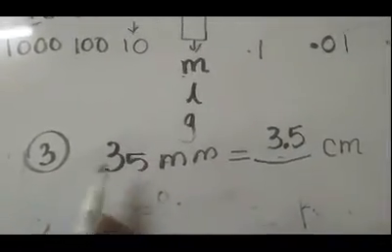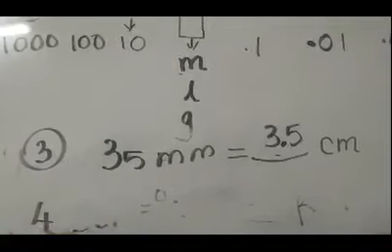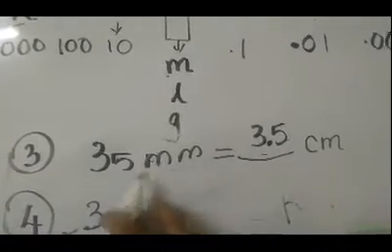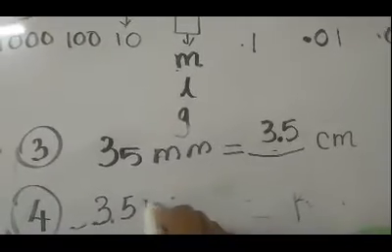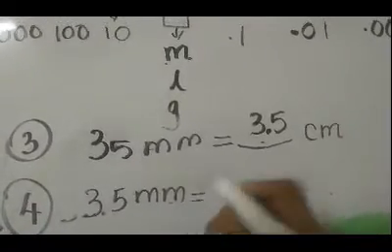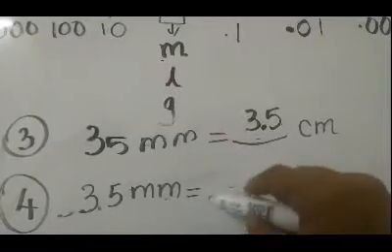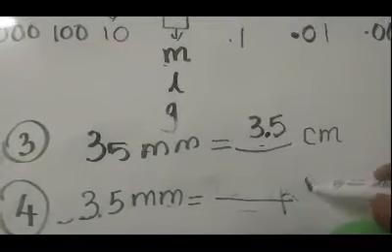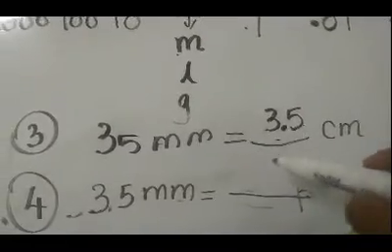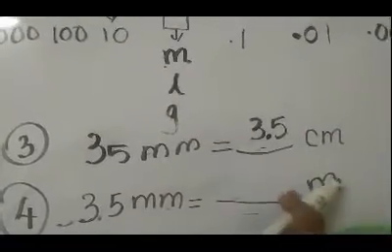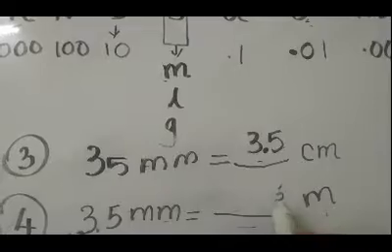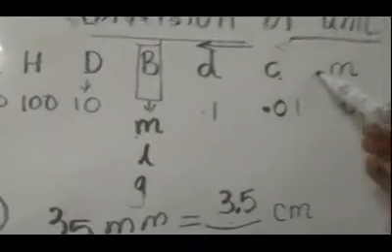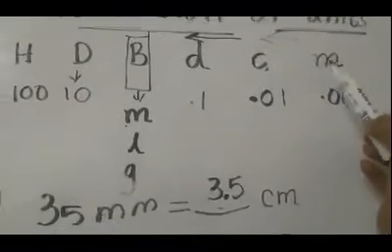Then I am going to show you another example. If I want to convert 35 millimeter into meter, the first thing I do is write the number 35. This is millimeter.